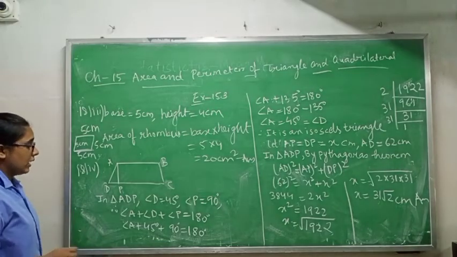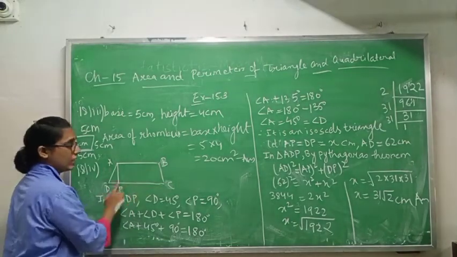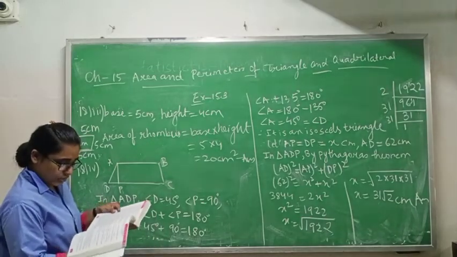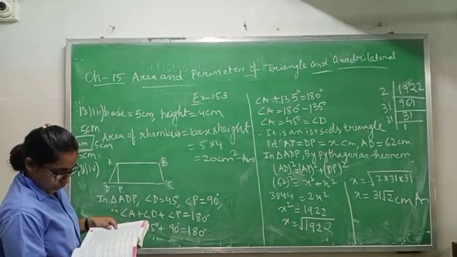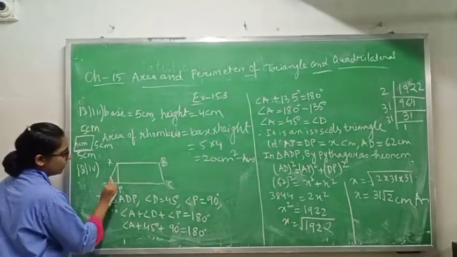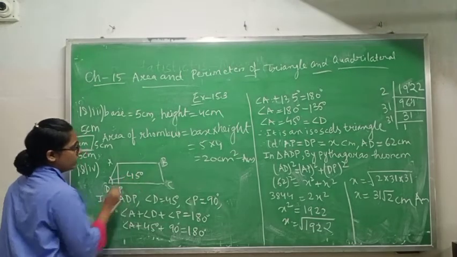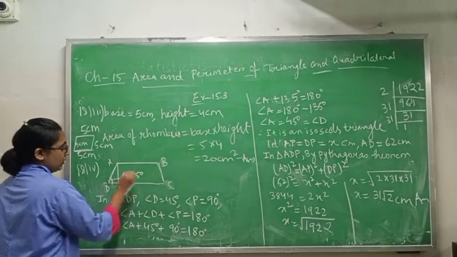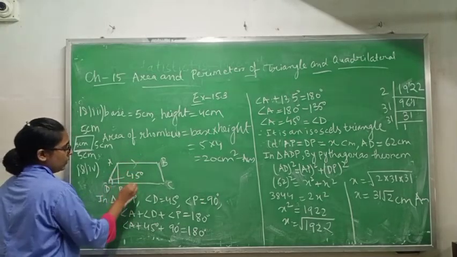So there I am saying that ABCD is a trapezium in which any adjacent parallel side of a trapezium makes an angle 45 degree. It means that this angle is making 45 degree, because this one and this one both are parallel sides.